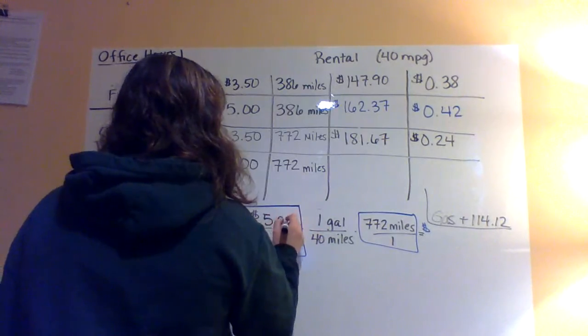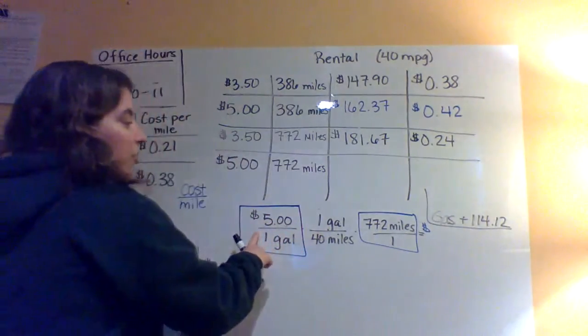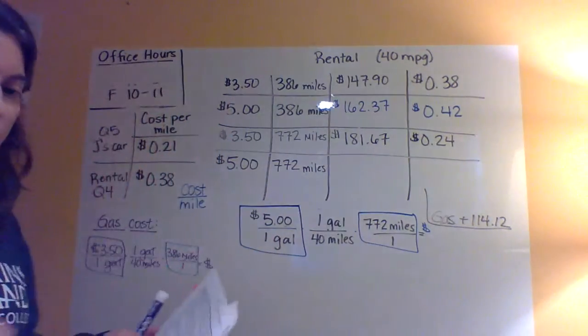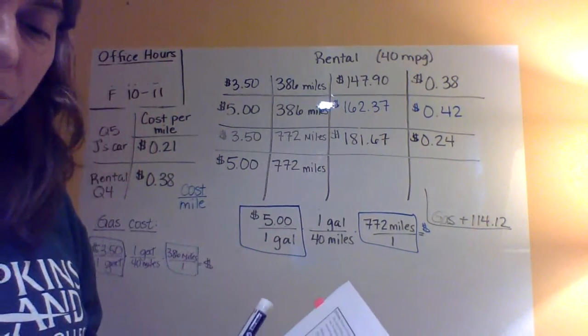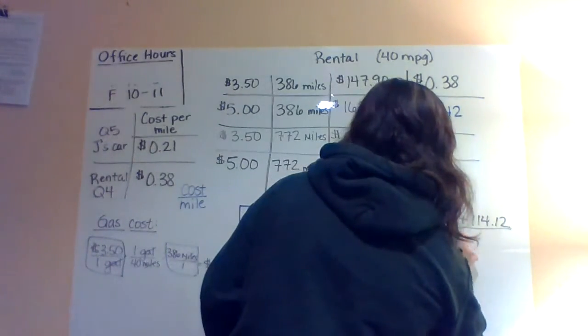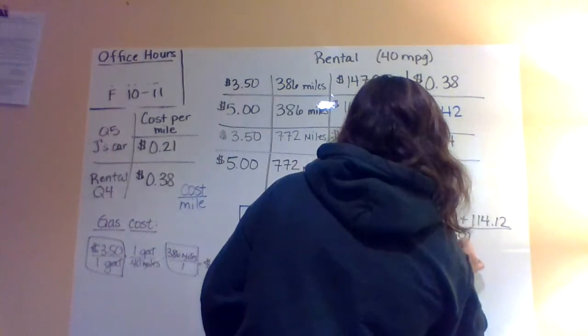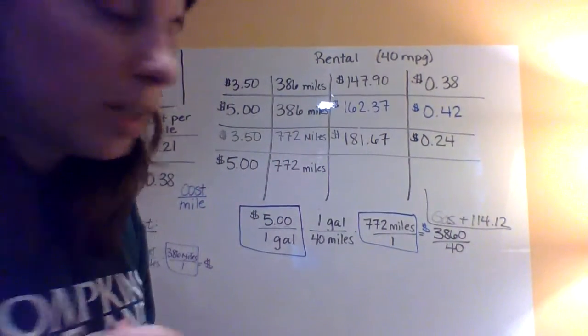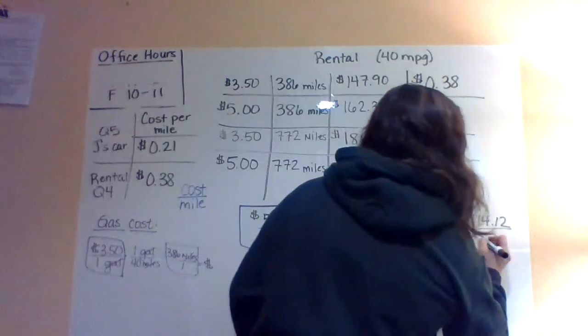Okay, so when you did that last row, you should have had $5 in here. Same gas mileage, still the 772 miles for our trip. So now if we do 5 times 772, we're going to get 3860 over 40 is 96.50.